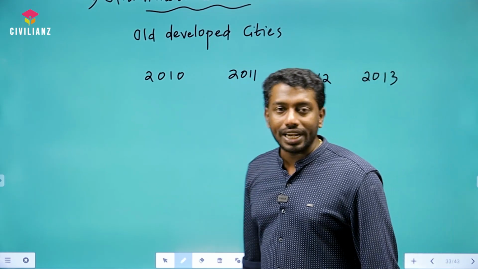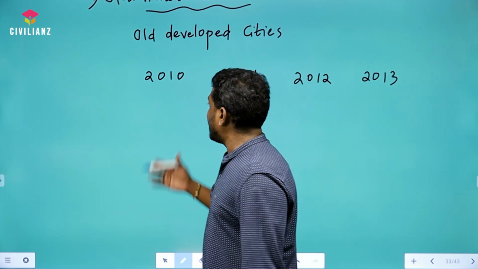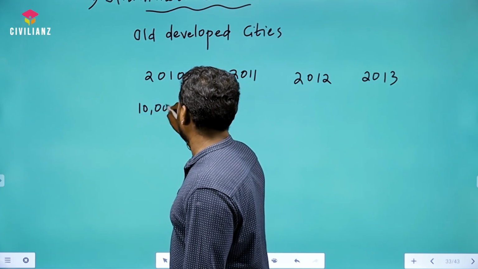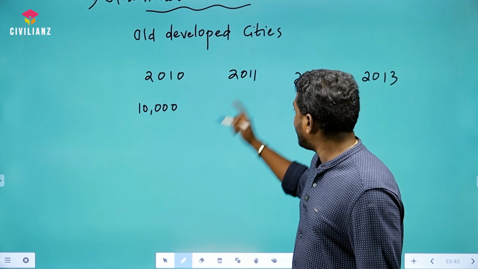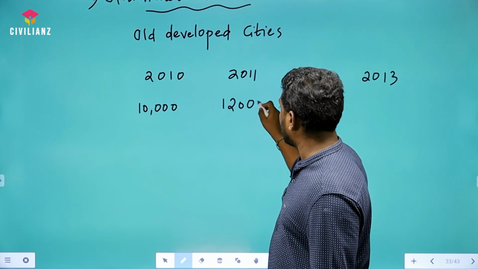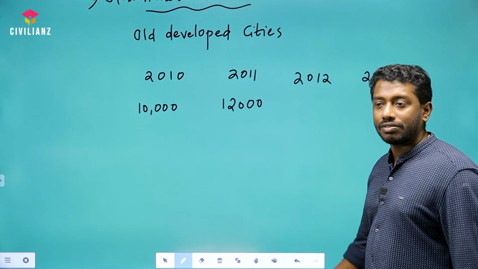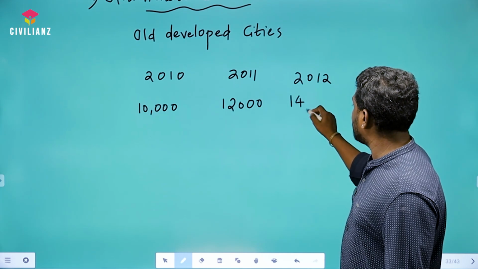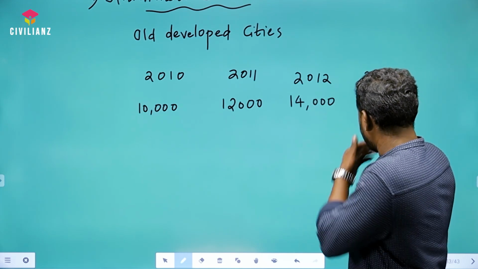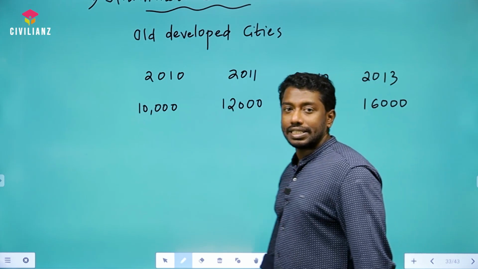If in an old developed city, in the year 2010, the population is 10,000, in the year 2011 consider it increases to 12,000, in 2012 it increases to about 14,000, and finally in 2013 the population is around 16,000.